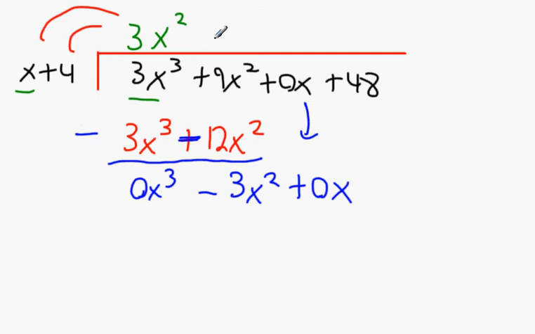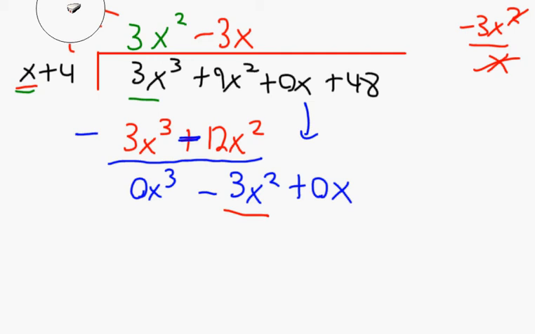What can we say about this part here? How many times does minus 3x squared get divided by x? Anybody? Minus 3x times. Multiply minus 3x by x plus 4.